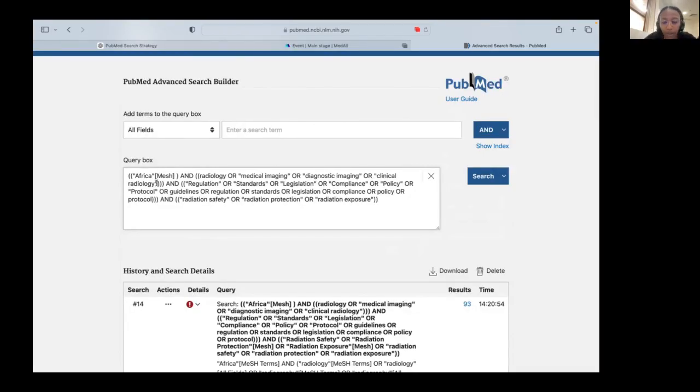Also including other terms, so maybe clinical imaging. Another thing that you could do is start including what the imaging types would be, or maybe things like CT.